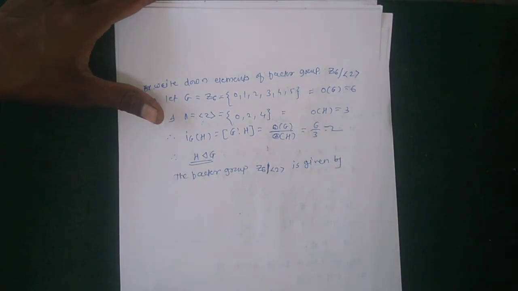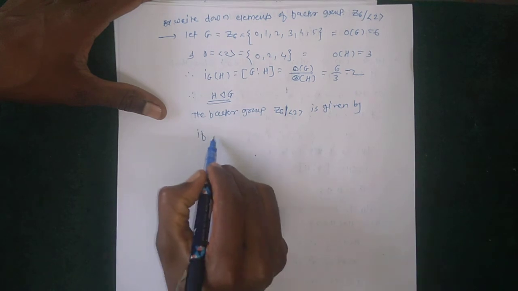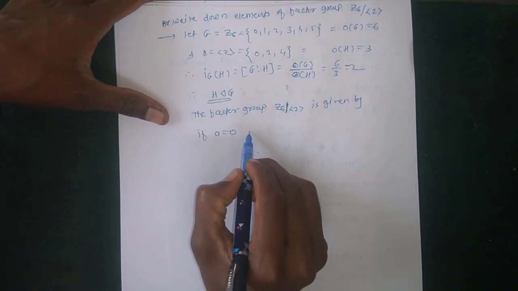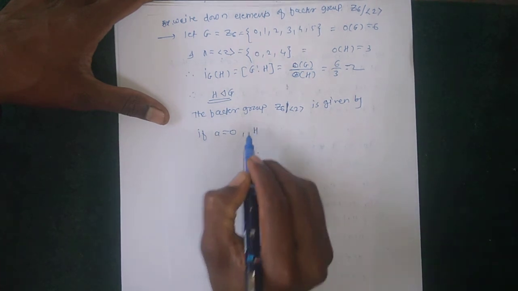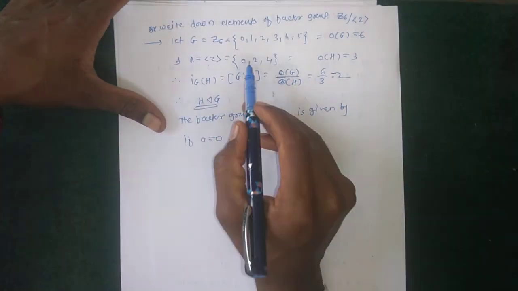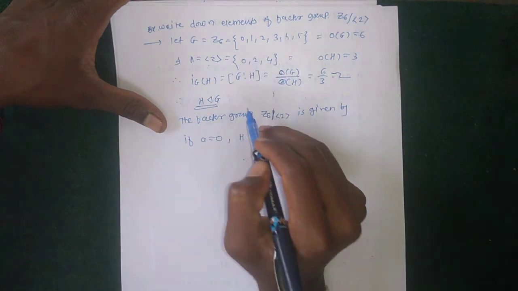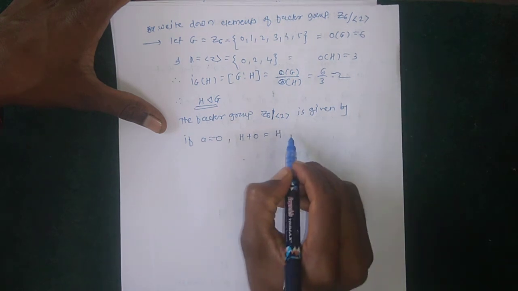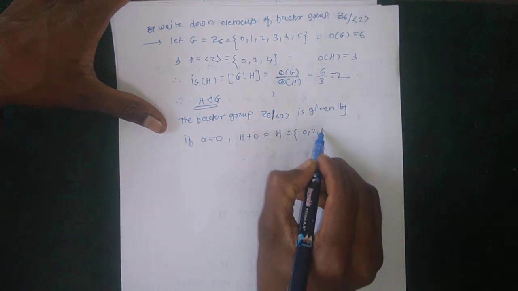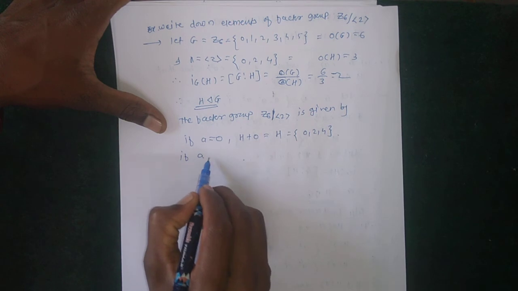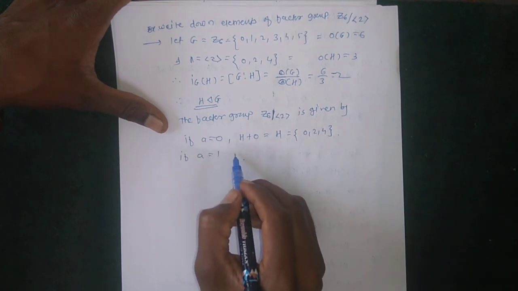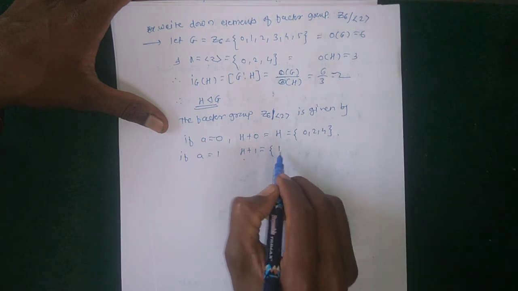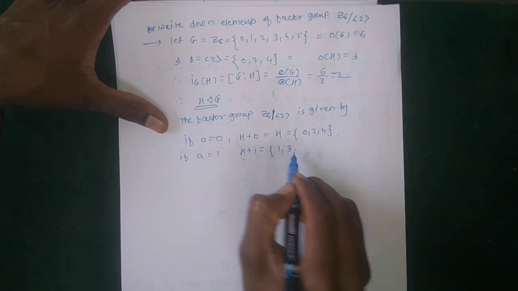If A equals 0, then H plus 0 is equal to H itself, since Z6 is a group with respect to addition, which contains only 0, 2 and 4, okay. If A equals 1, then H plus 1 equals 0 plus 1, which is 1, 2 plus 1 is 3, and 4 plus 1 is 5, okay.